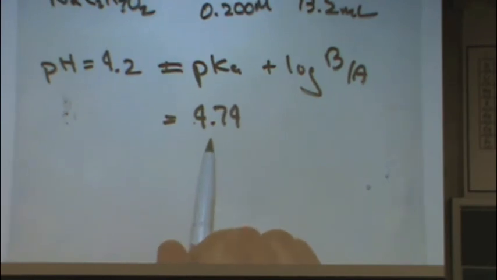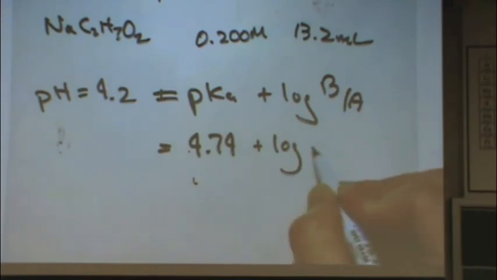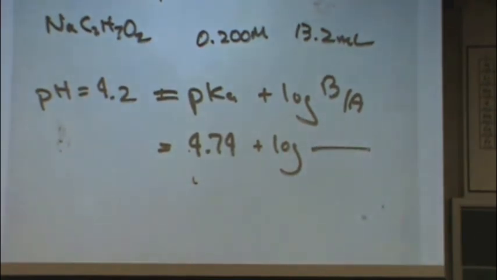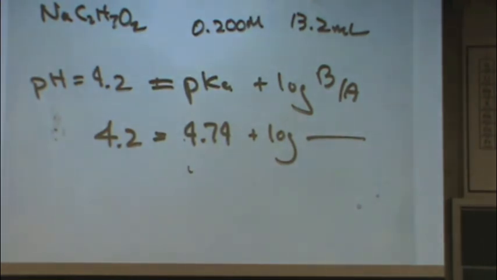You'll look on the back page for that number. Plus the log of the base over the acid. Remember, this will equal 4.2. This is kind of like the other problem, where I want the number to be 4.2. I know pKa, and I need to figure out what the right-hand side is going to be to make this all add up correctly.